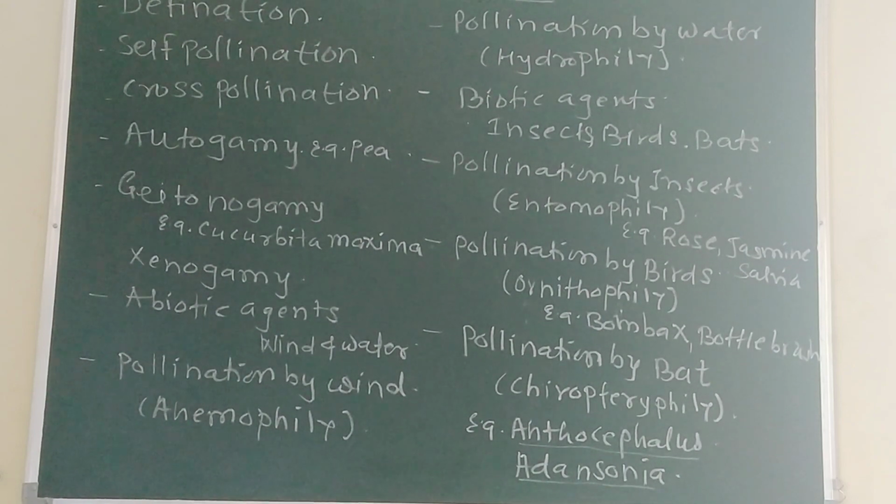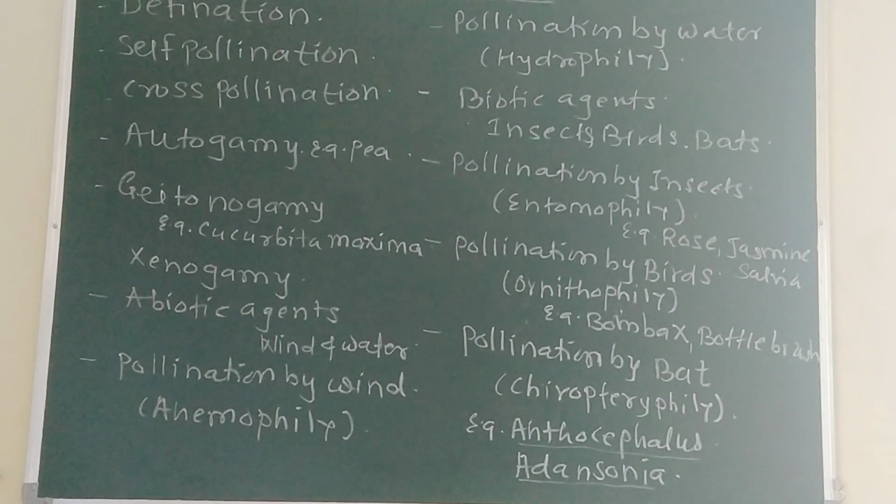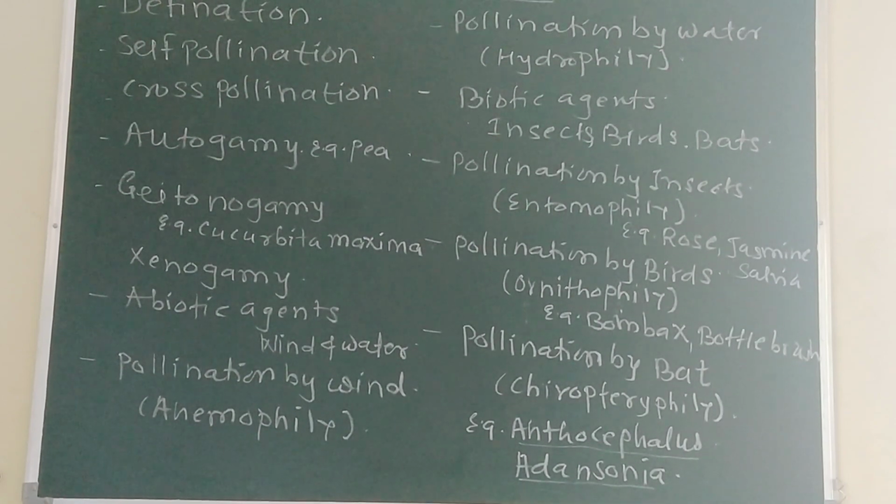Next, hydrophily. Pollination which takes place by water is called hydrophily, and this type of pollination is found in aquatic monocots. Example, Vallisneria, Zostera, Ceratophyllum. Now, adaptations in hydrophilous flowers.